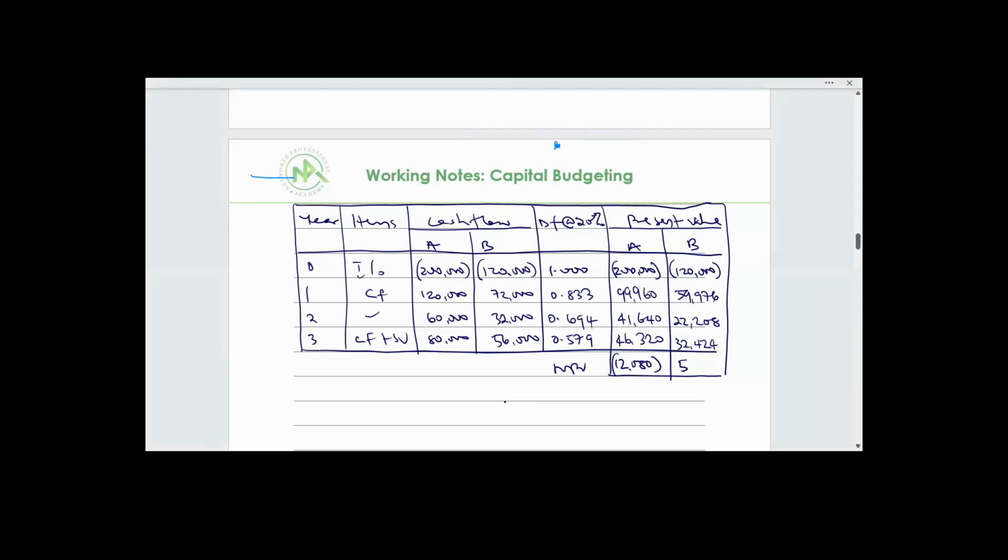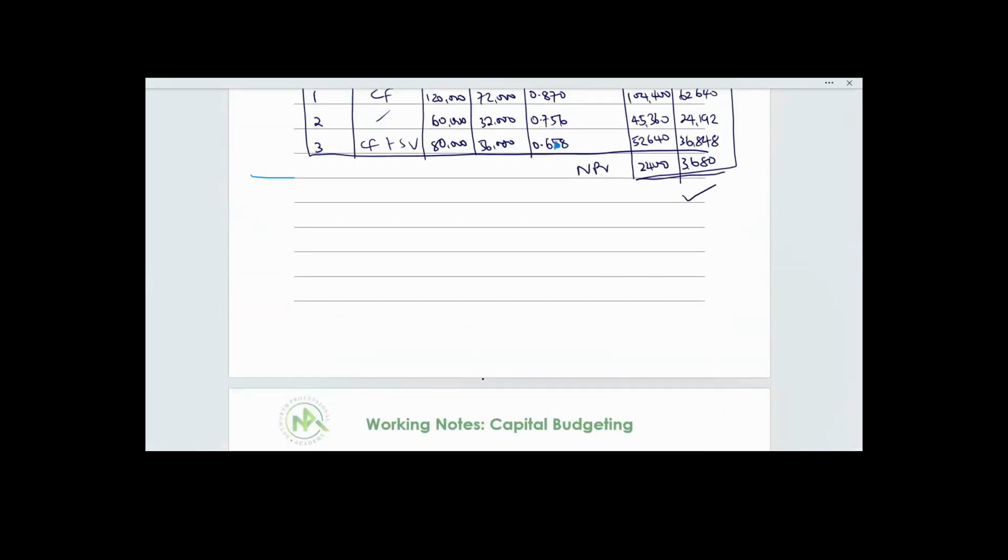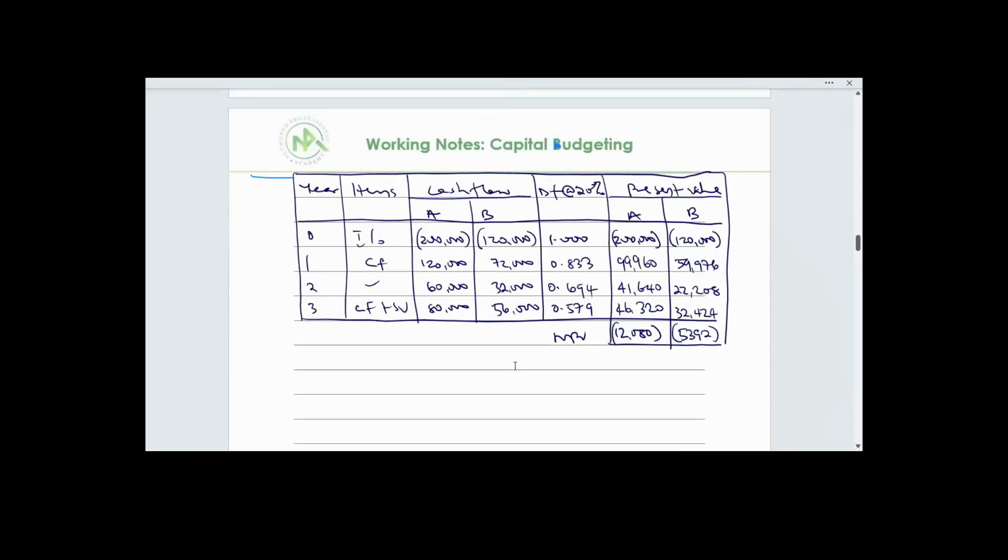Here is 5,392 negative. Now, we assume 15%, we got positive NPVs for project A and B. We also assume 20%, we got negative NPVs for project A and B.